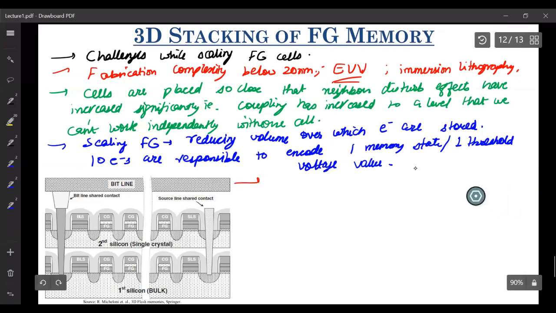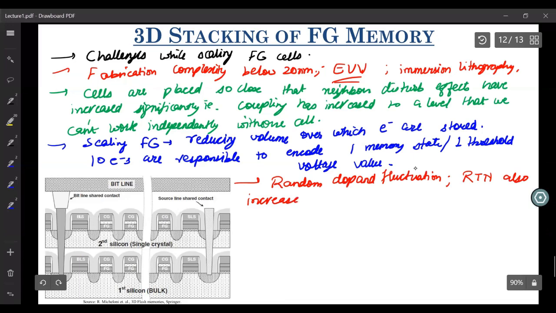And with scaling come challenges such as random dopant fluctuation. And your random telegraph noise also increases with scaling. How? If you have a very small thickness, then even one trap, if it's there, and if there are only 10 electrons, its impact will be more as compared to when there are 100 electrons and one trap, right?